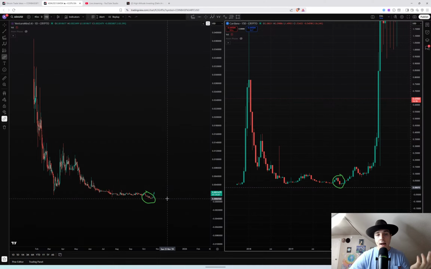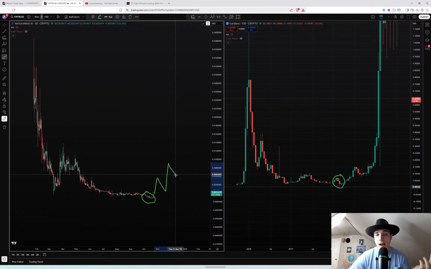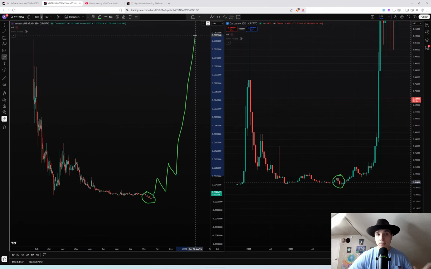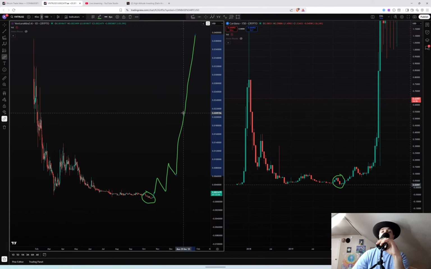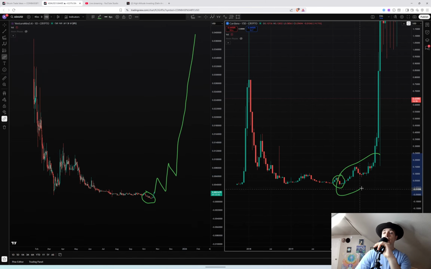So don't be surprised if we start to make a higher high, higher low pattern, and if that starts to happen, then really don't be surprised if we go vertical off of the lows here, because that's exactly what happens if you start to make a higher high, higher low pattern after a big bear market, after a big correction.